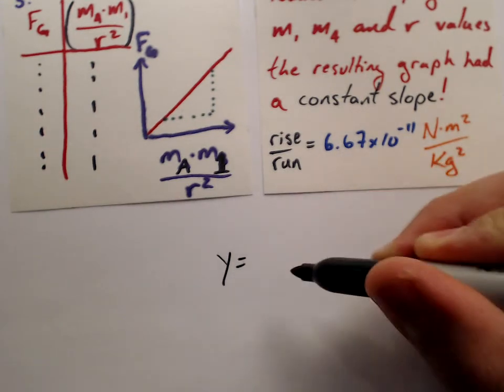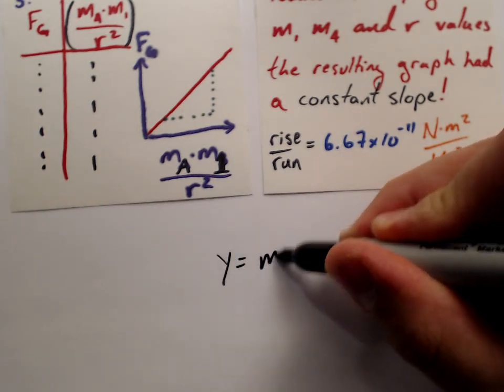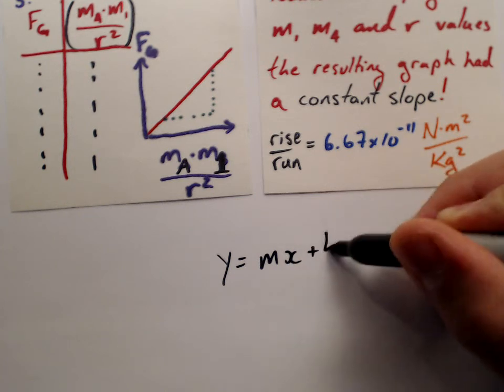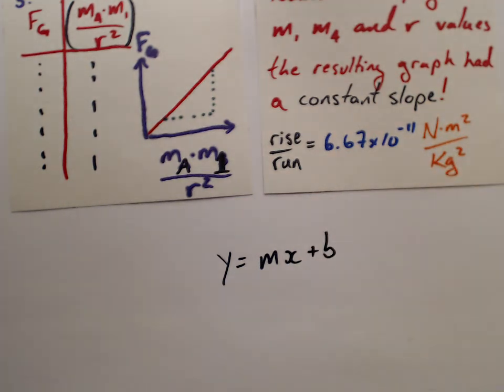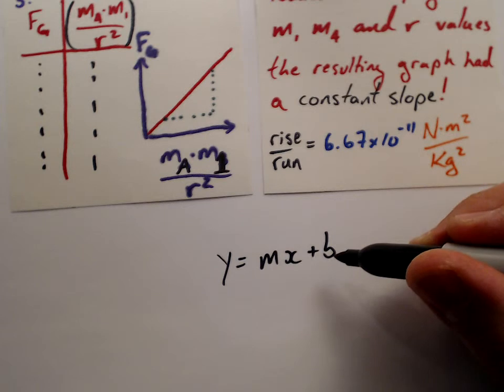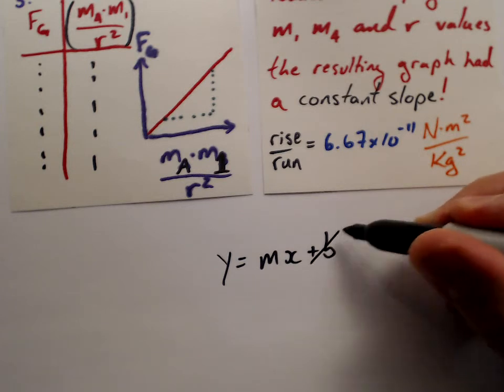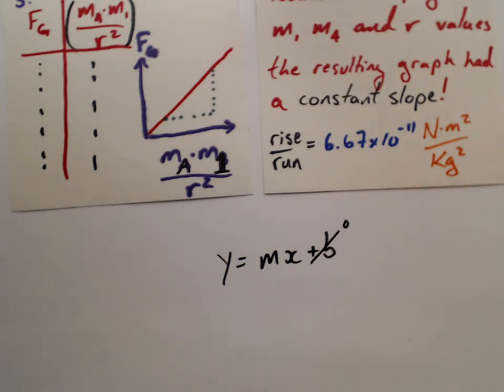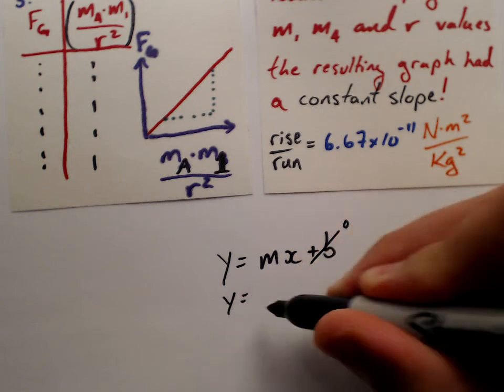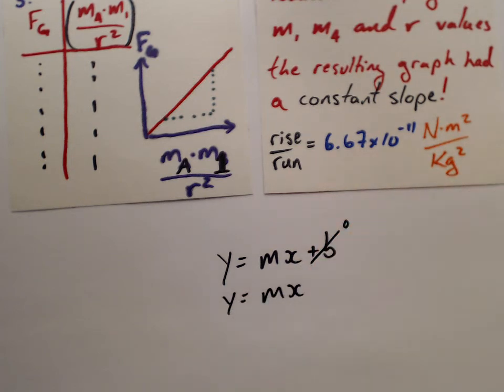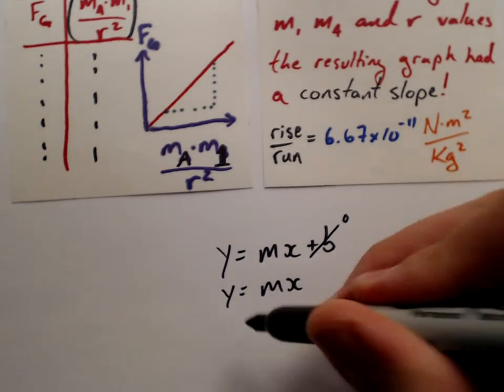Everybody knows, if you've taken early math, y equals mx plus b. Well, notice that all of our relationships, or all of our graphs, had a 0 as the y-intercept. So that b term disappears right away. Y equals mx then. Well, what's the m value here? Well, we just said that the slope is a constant in this situation.